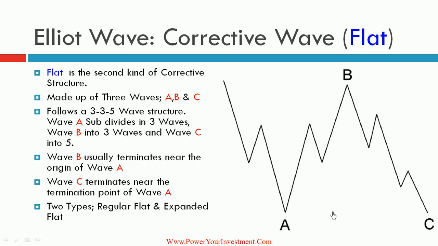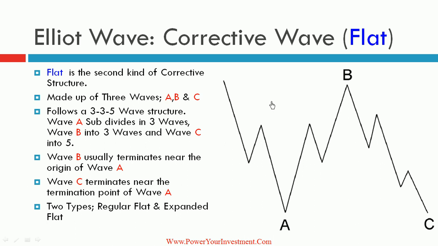The second type of corrective wave is a flat. Flat is again made up of 3 waves, that is A, B, C, just like the zigzag. But a flat follows a 3-3-5 structure. Remember, a zigzag followed a 5-3-5 structure. A flat follows a 3, 3 and 5 structure.